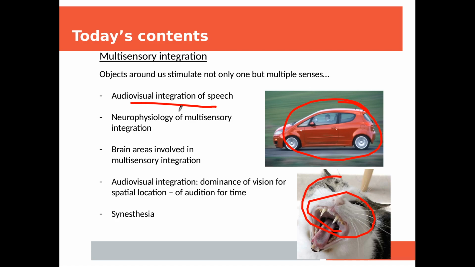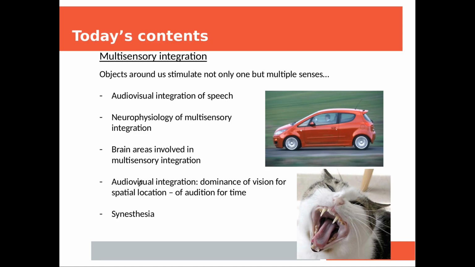Today I'm going to talk about something like this: the audiovisual integration of speech, how humans integrate speech, because it's an easy example to understand. Then I'll talk a little bit about the brain areas, the neurophysiology of multisensory integration, and the different phenomena that arise in it.